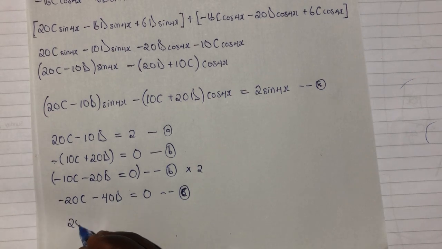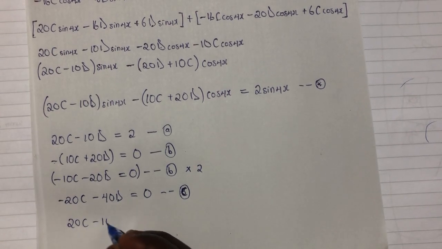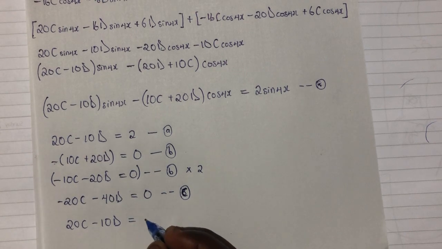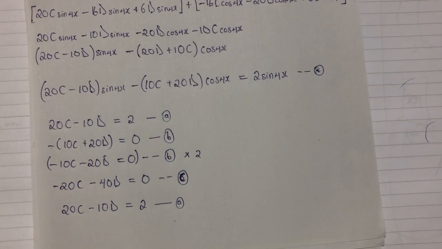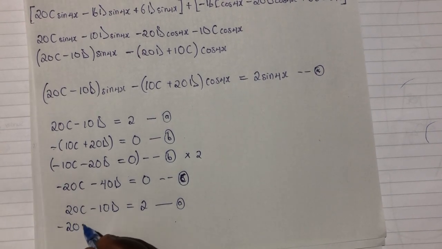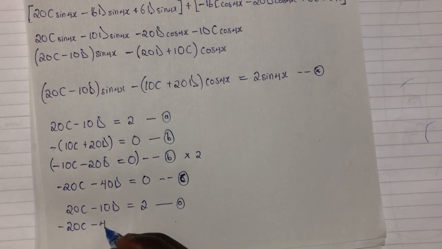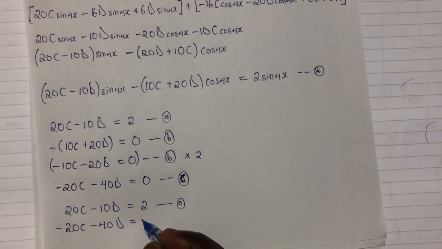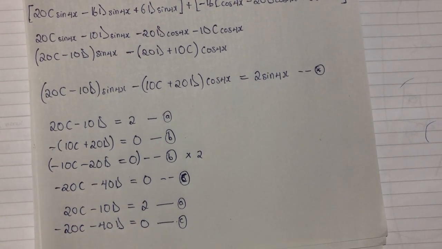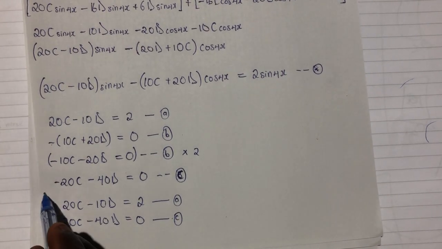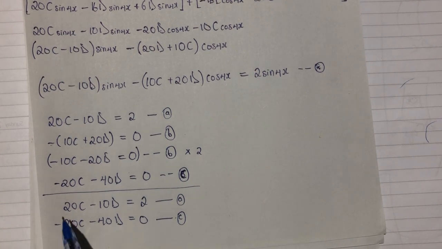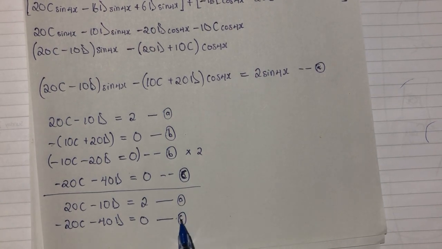So this is 20c minus 10d giving us 2, and this was equation A. Then we have minus 20c minus 40d giving us 0. This is equation C. So I can add equation A and C so that I'll get rid of the c here, and I can work on d.